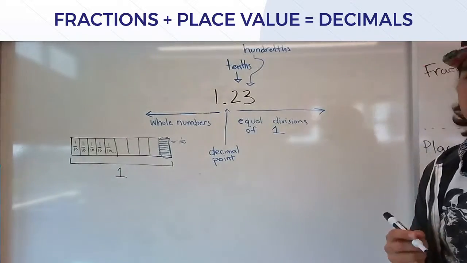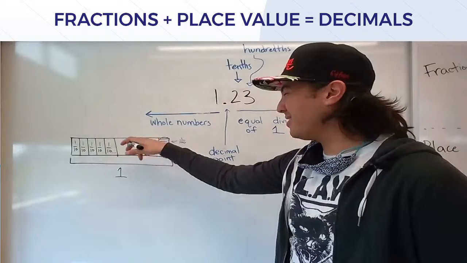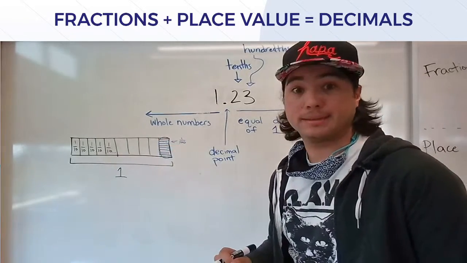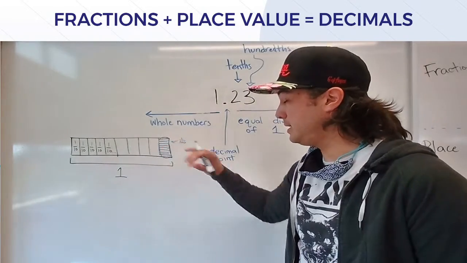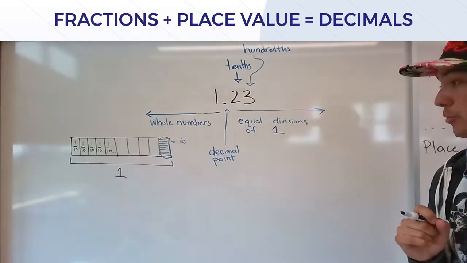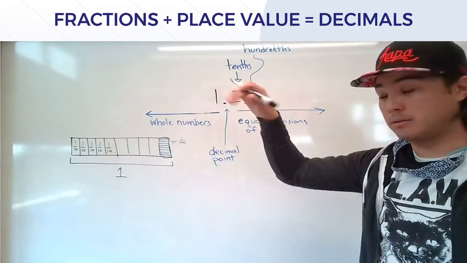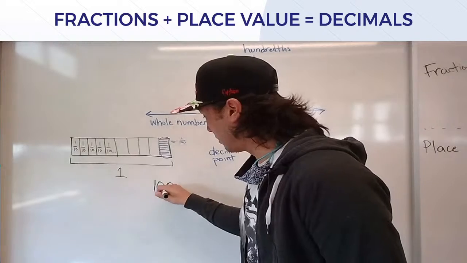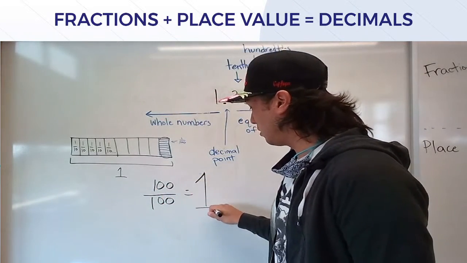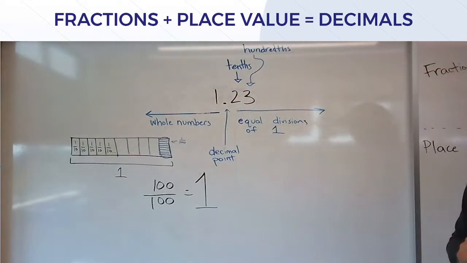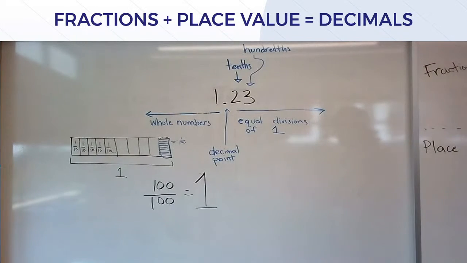If I were to draw this out, this fractions bar model, and I were to break up every single tenth into 10 pieces, 10 times 10 is 100. So each of these pieces has the value of 1 hundredth. And 100 of them, 100 hundredths, right? Numerator and denominator are the same number. That equals 1. That's why 100 hundredths equal that whole number of 1.